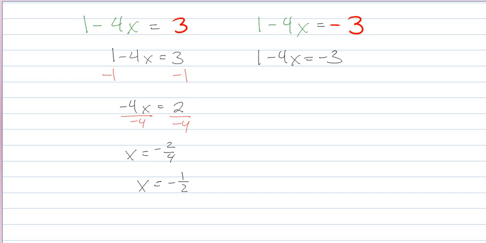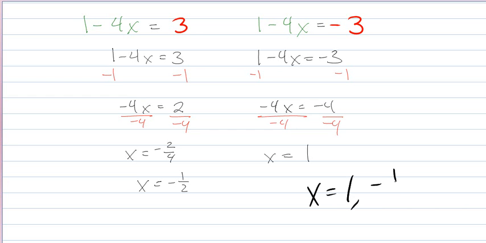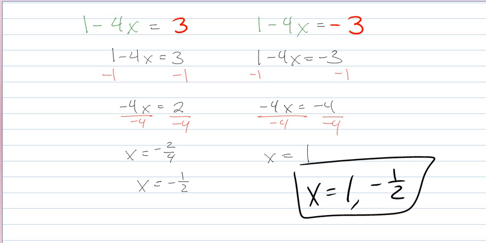Then over here, we'll again subtract 1 off of both sides. -4x equals -4. Divide both sides by -4 and get x equals 1. So our options are x is equal to 1 or -1/2.